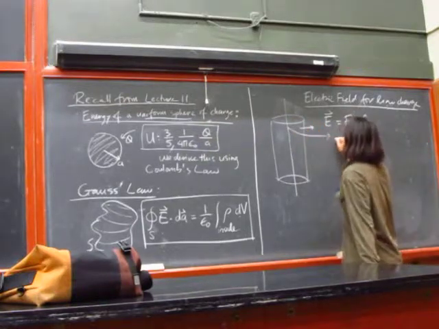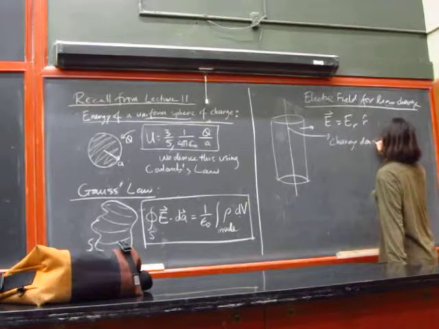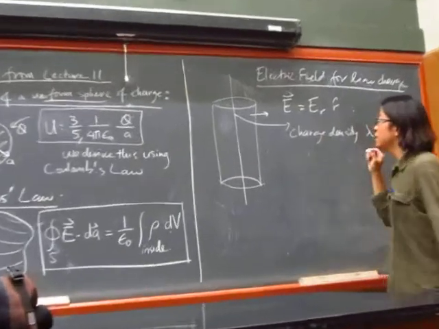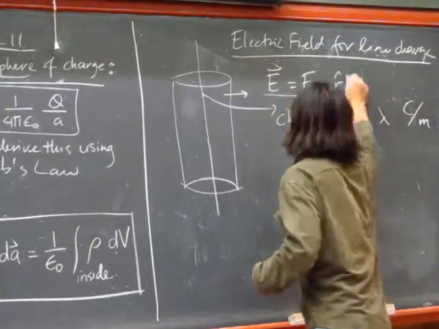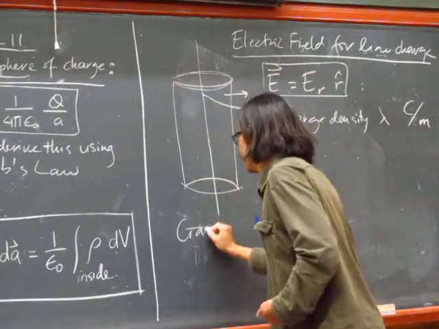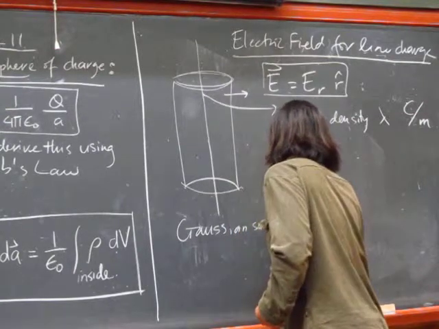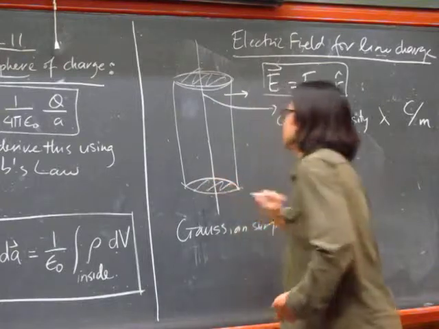This has a line charge density lambda, so it's in Coulomb per meter. Since I know that the electric field is radial, I construct a Gaussian surface. It's a cylinder, but it also has a top and a bottom surface.